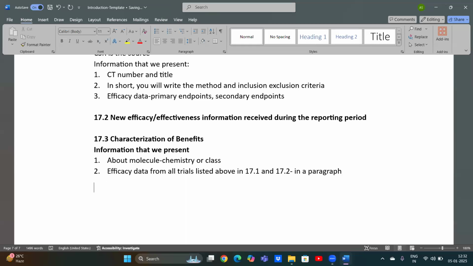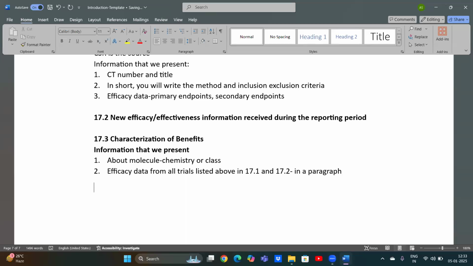Any doubts, people? Tell me. So we can say that this section is written by medical affairs. Yes, you can say that, because most innovator molecules have a separate team to write this. Either the clinical trial team or the medical affairs team will write this.